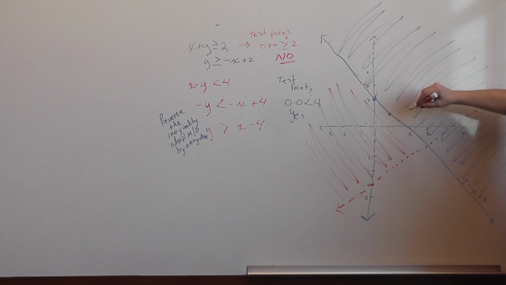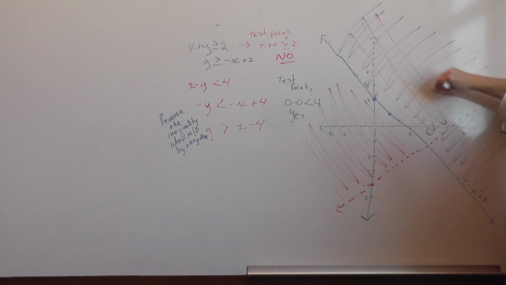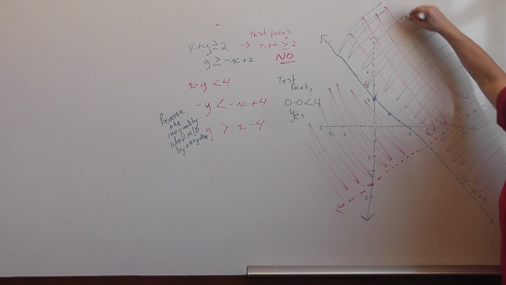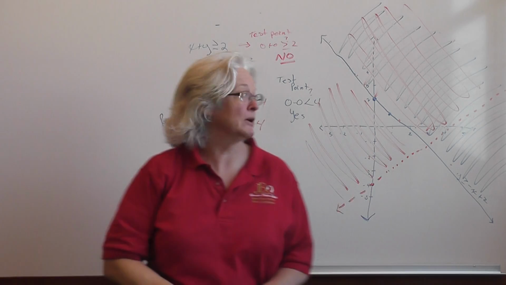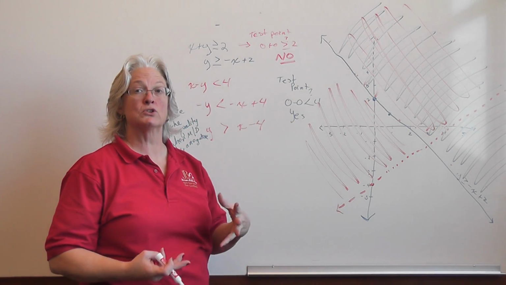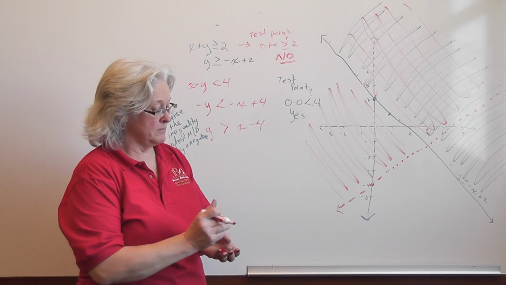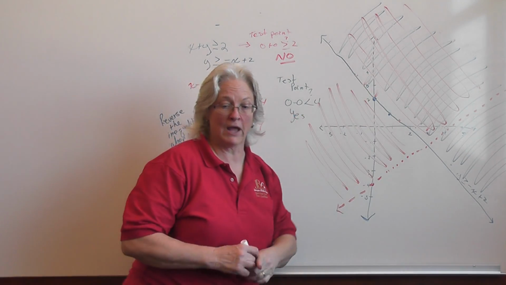And what do we see happening? We see that we have this area that has the two colors on. We have this area here that has both colors. So the solution to this inequality is the area where the shading overlaps.